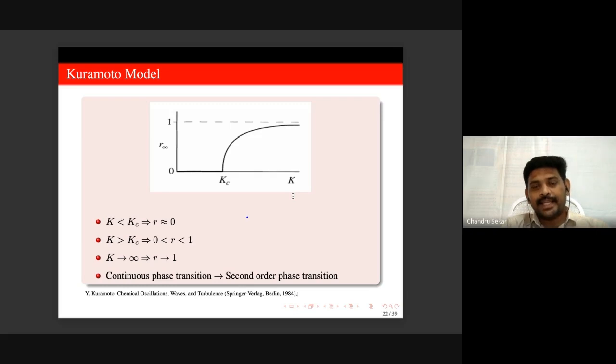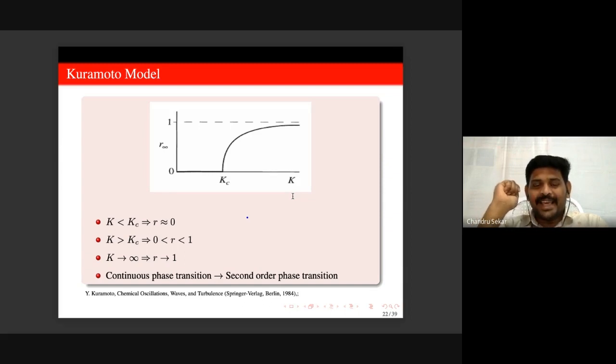When K is greater than Kc, oscillators with very nearby frequencies lock themselves and oscillate with the same frequency, forming small synchronized clusters. The remaining oscillators oscillate with random frequencies, and we call those desynchronized oscillators. So when K is greater than Kc, we have a small synchronized cluster and a desynchronized cluster. Due to that, R takes small positive values.